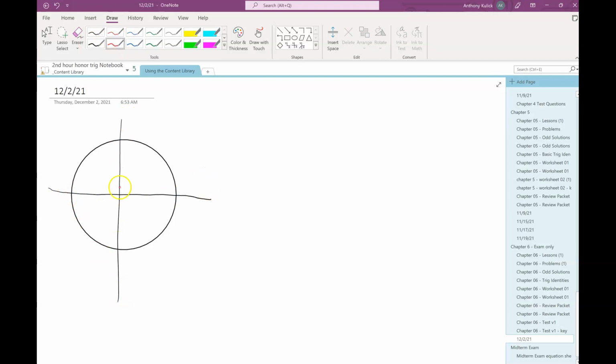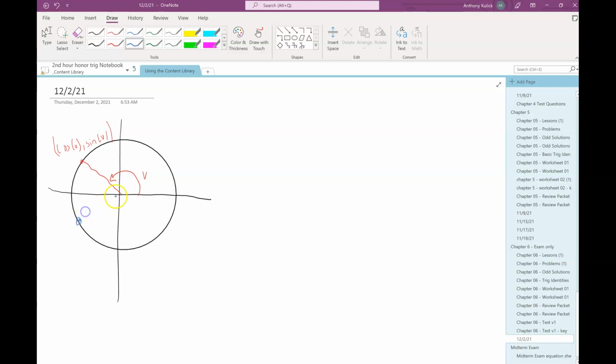Let's say we have some angle here that I'm going to call V. So that point there is going to be cosine V, comma, sine V. And then I have another angle.